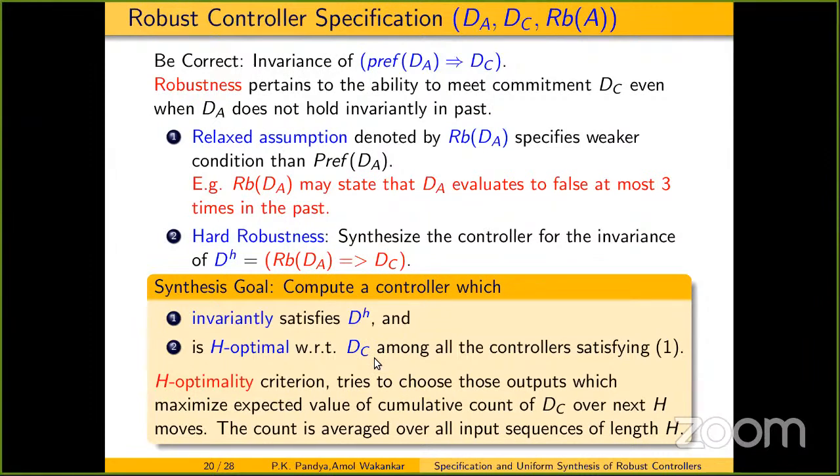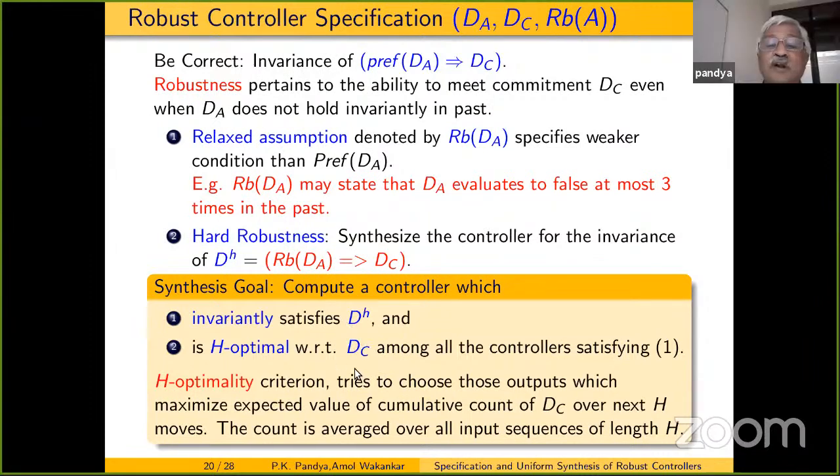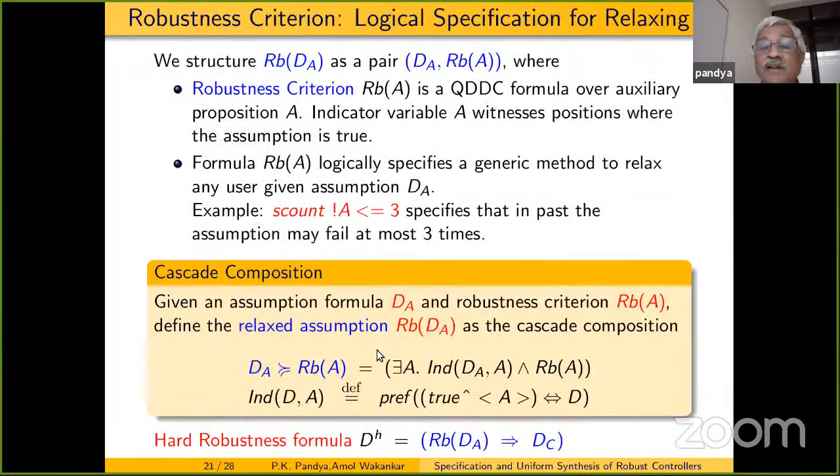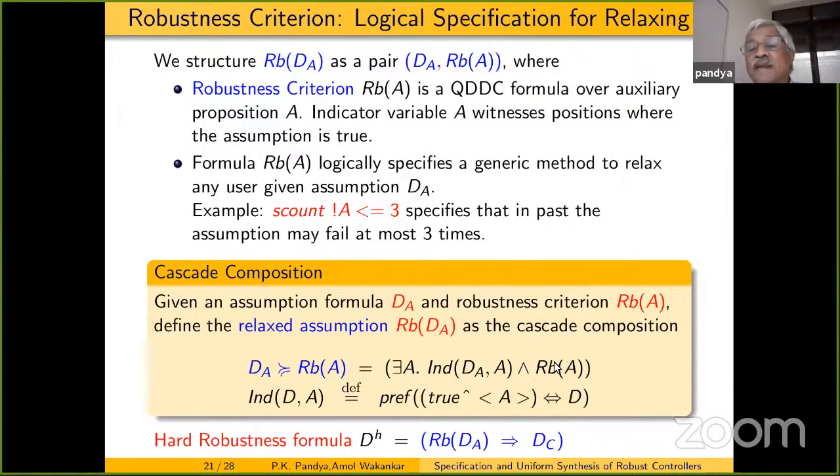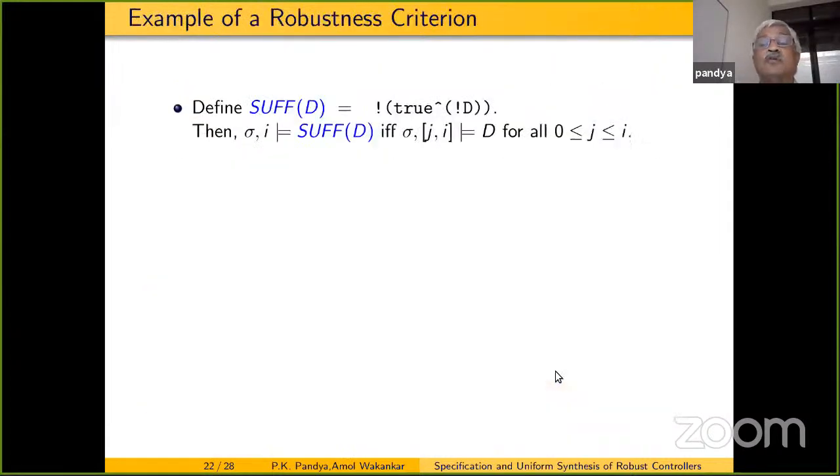Bonhomme-Rama did not have this soft robustness, and it did not have this relaxation of assumptions. Now, how useful is this theory? How useful is it to specify robustness by logical formulae of logic QDDC? That is what I want to go into next.